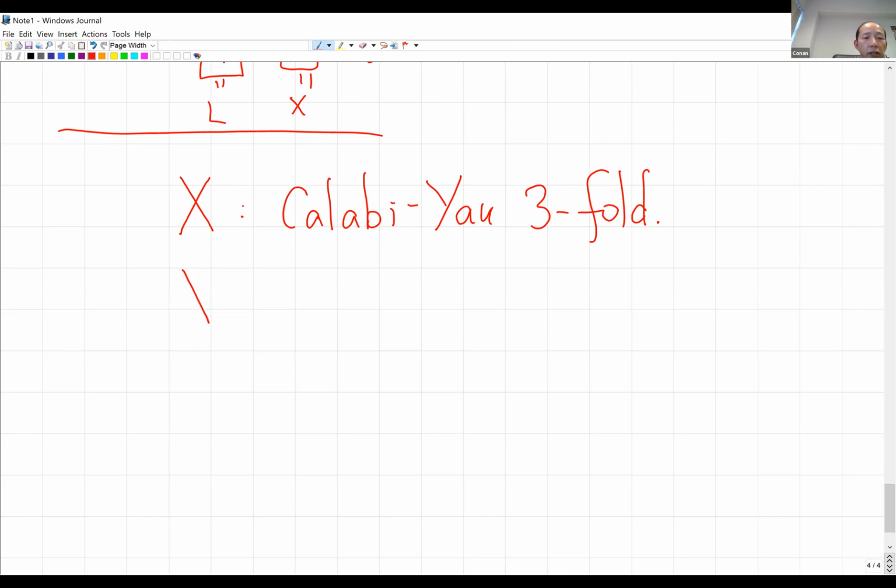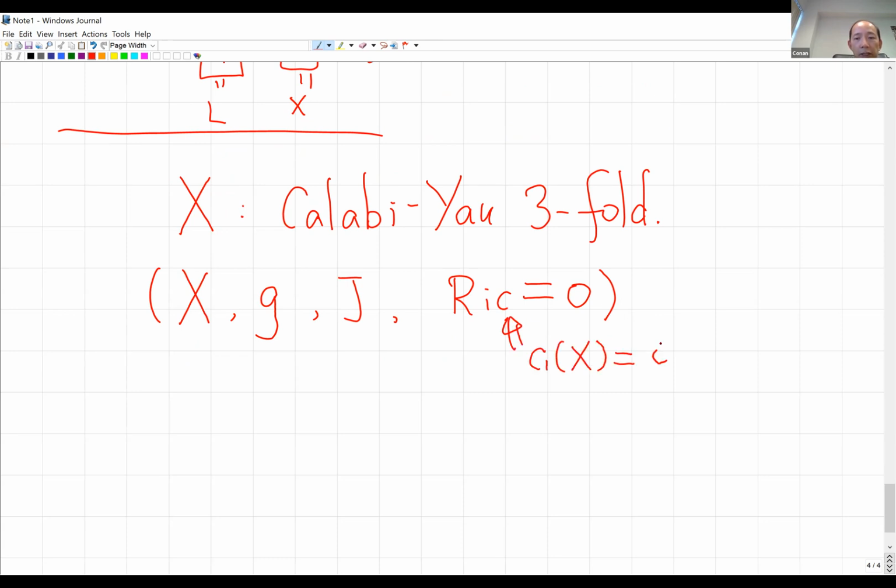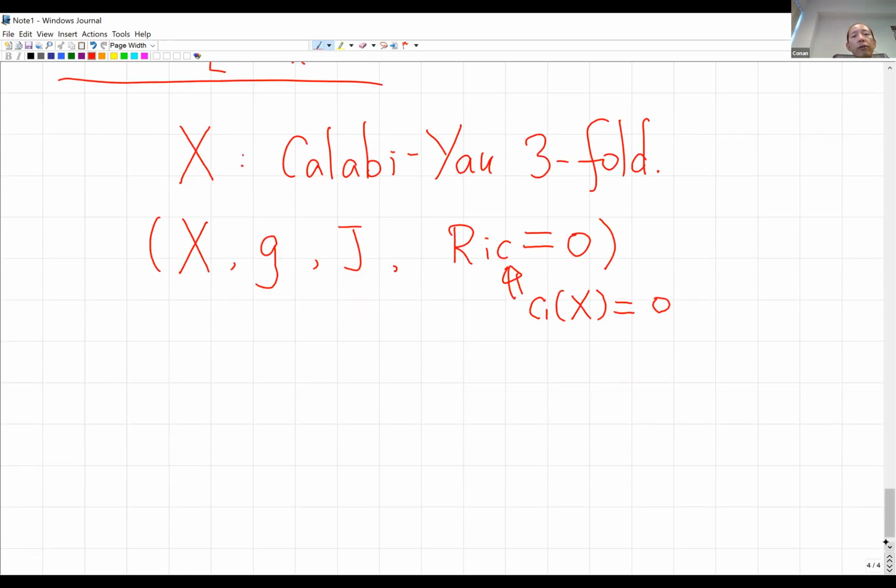Our space X has a Riemannian metric G and has a complex structure J. And remember, we also want the Einstein equation, which is Ricci curvature equal to zero. By Yau's theorem, this comes from a topological condition where C1 of X is 0. But what is the symplectic geometry? Of course, the complex geometry is right here. J gives you the complex geometry.